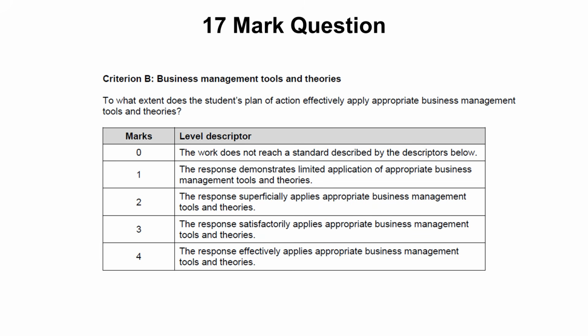Again, some confusion on business management tools and theories. Now, personally, the way you should be writing, when you are stating your strategy, one possible plan of action for this business to ensure sustainability: it could adopt a differentiation strategy according to Porter.